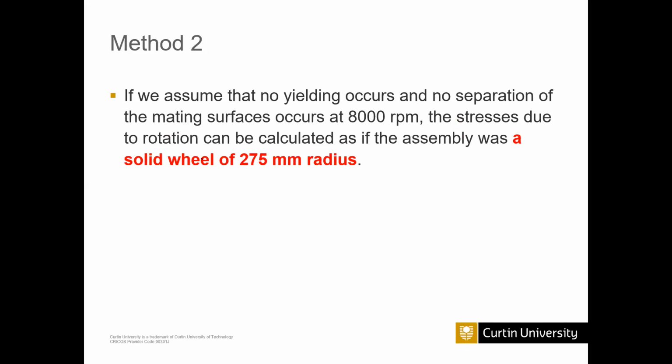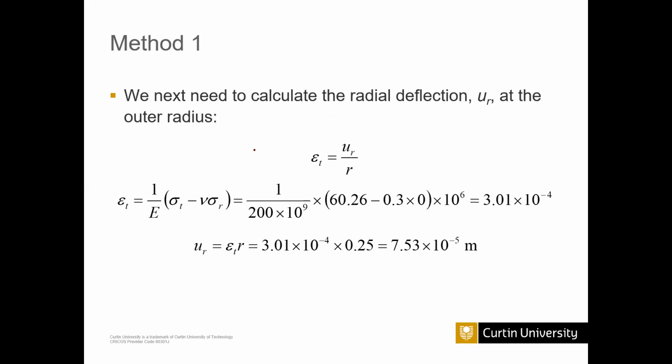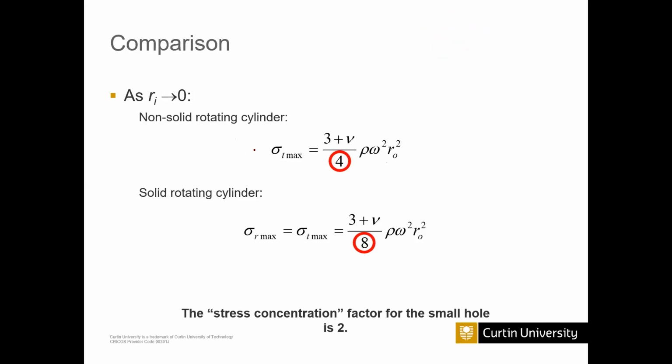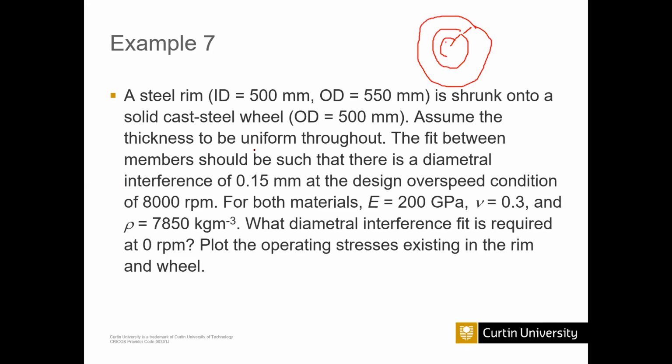The stress due to the rotation can be calculated as if the assembly was a solid wheel of 275 millimeter radius. To remember the question, the calculations you can do that. I didn't remember the radius values provided. You need to go to in here. This is 550.